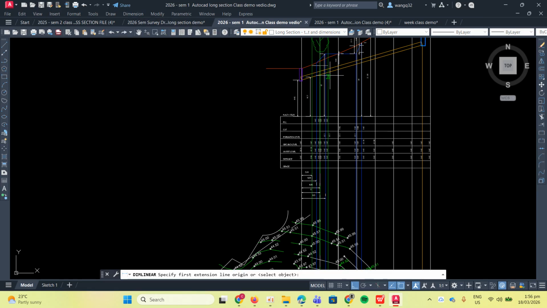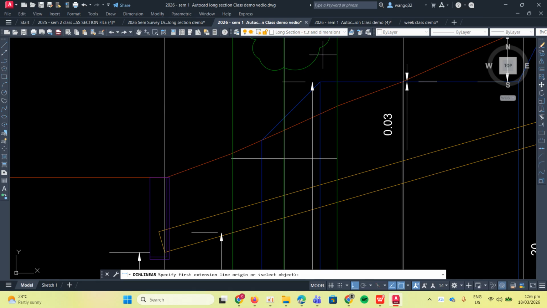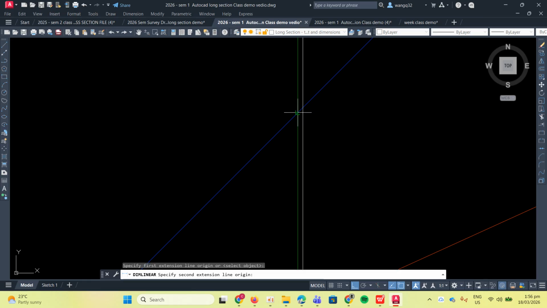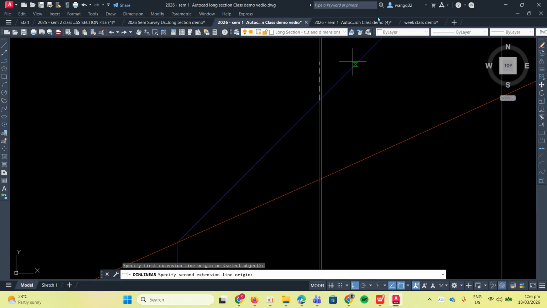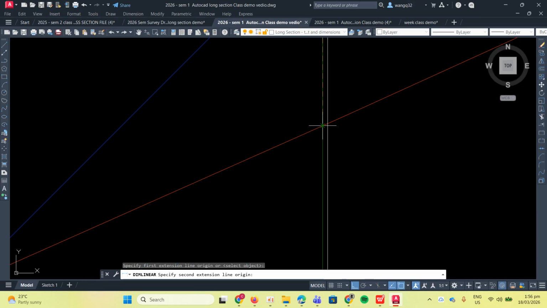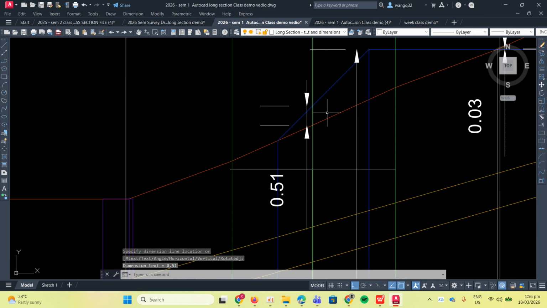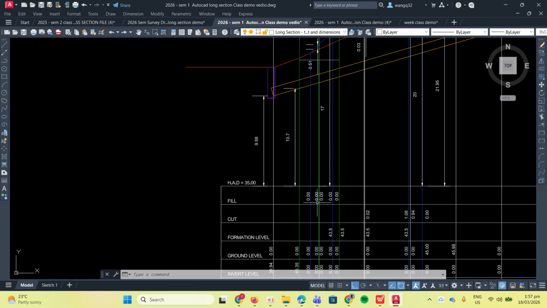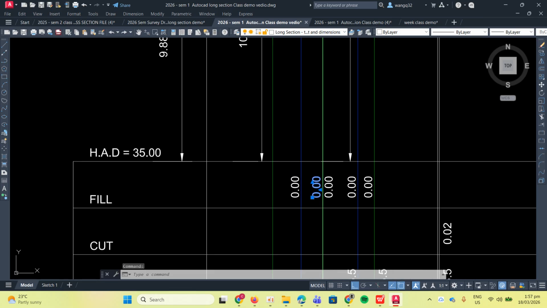Do the same thing as you did on cut. So that's 0.00. And then I need to find what the fill is here. So that is 0.51. 0.51 divided by 2 is 0.255, so will be 0.26. 0.26, I'm going to put in here.